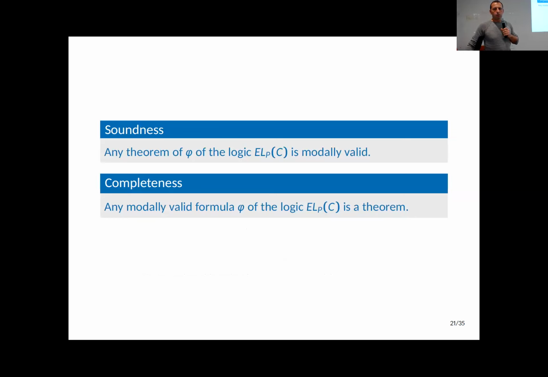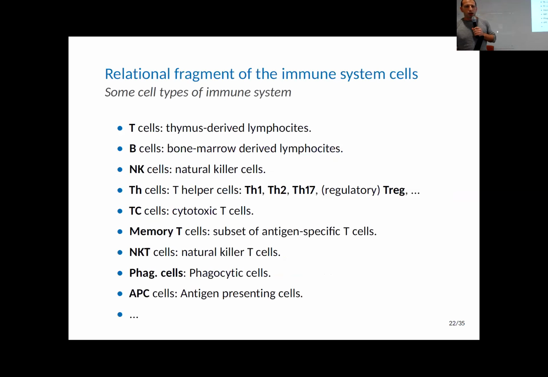And we can show that any formula phi of this logic is modally valid if and only if it is a theorem, and vice versa. So now, how do we want to use this as a tool to argue and speak about real biological systems?